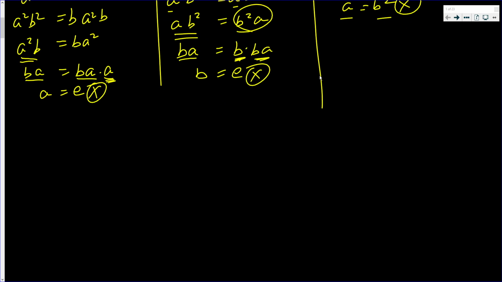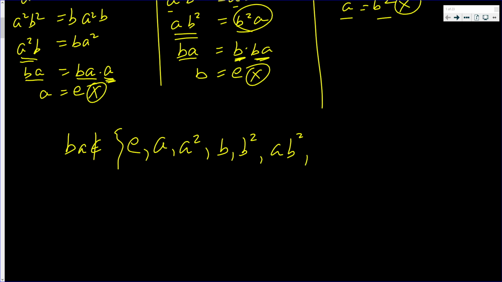So what we concluded is that BA is not an element of this set. The set that contains E, A, A squared, B, B squared, AB squared, A squared B, or A squared B squared. 1, 2, 3, 4, 5, 6, 7, 8. There's only one element that's in G that we didn't list, and that element is AB.